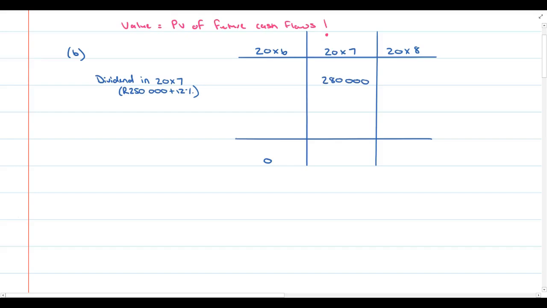We can calculate the dividend for 20x8 applying exactly the same logic because it will increase by 12% again.